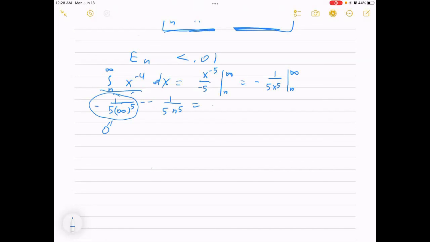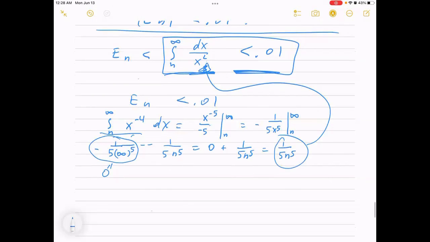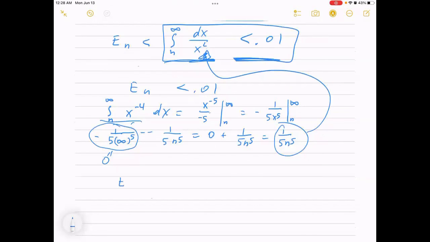So we're going to get 0 plus 1 over 5n to the 5. We're going to get 1 over 5n to the 5. So we're going to take that and substitute it into the middle part of our inequalities. So we have En is going to be less than 1 over 5n to the 5, which is less than 0.01.